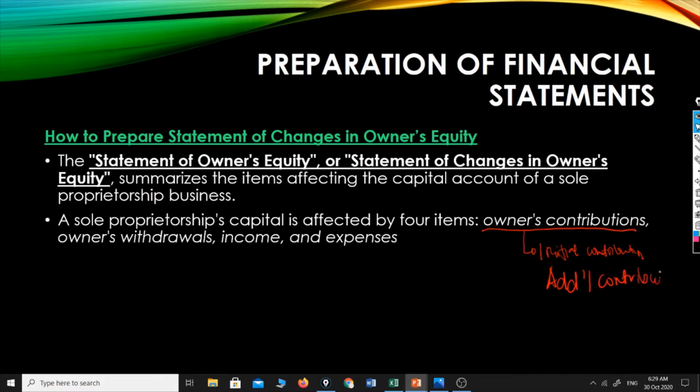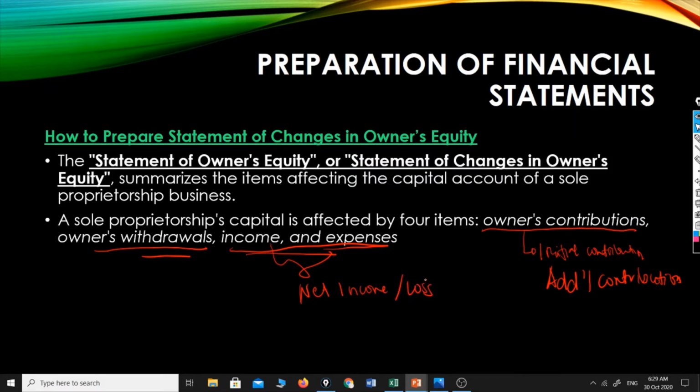Is it possible nga mo add og capital si owner? Of course, it is possible. Next is the withdrawal. Of course, withdraw si owner, so it could affect its capital and also the income and expense. But this one, it will be netted as net income or net loss.